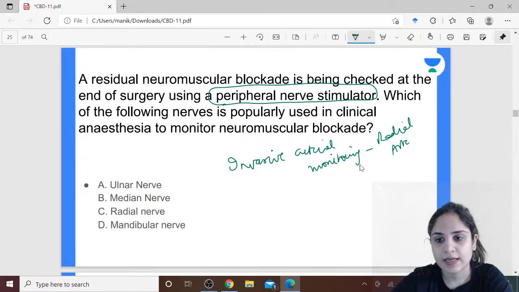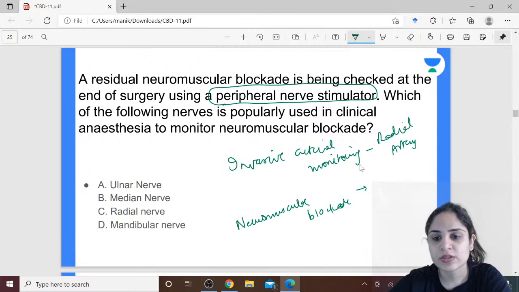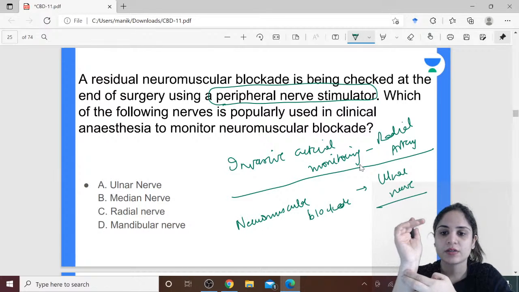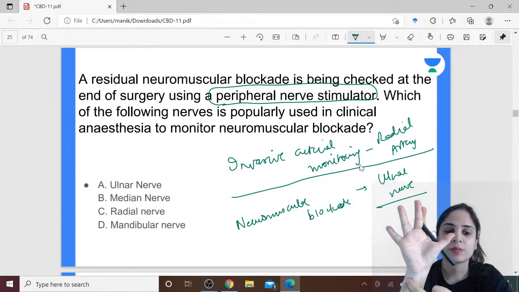Okay, and for checking of your neuromuscular blockade, what will you check in this case? You will check the ulnar nerve. Okay, so when you stimulate the ulnar nerve, what happens? Whenever you stimulate the ulnar nerve, you get movement of your adductor pollicis muscle.